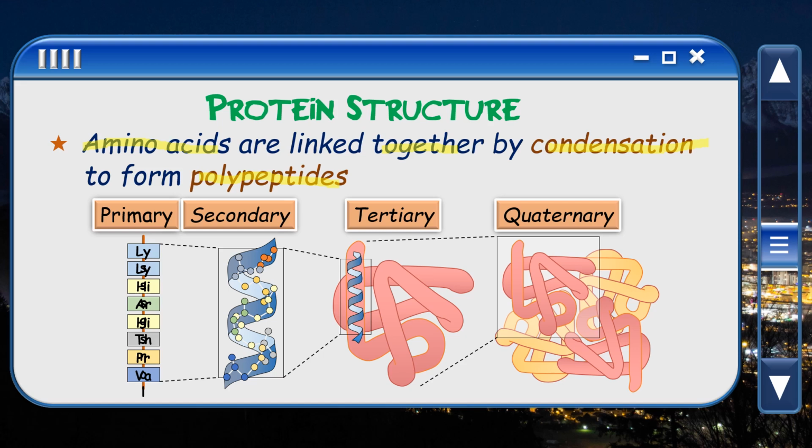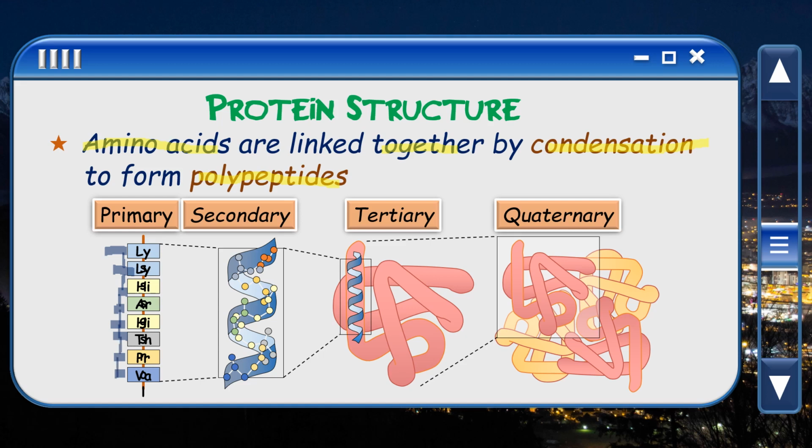For example, we have a lysine here, and another lysine here, and there are different amino acids here. Those amino acids are joined together by a peptide bond, and when they join together by peptide bonds, that is when we form our polypeptide.